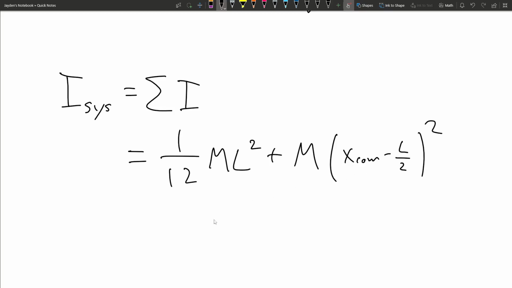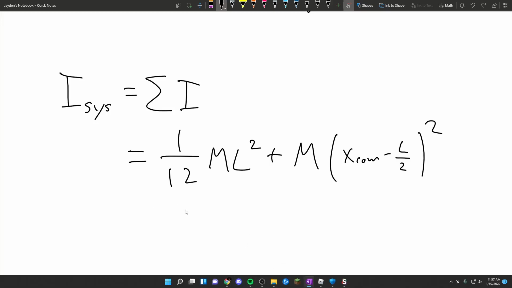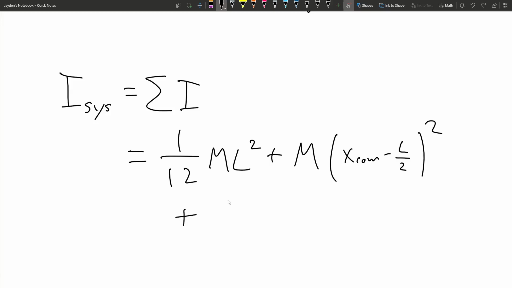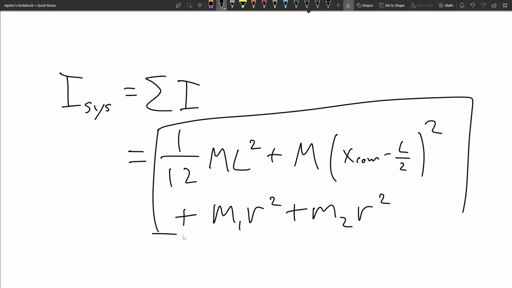And then you would add this to the little point masses, which we can use m1 r squared plus m2 r squared. So this is all we need to find the moment of inertia for the system.